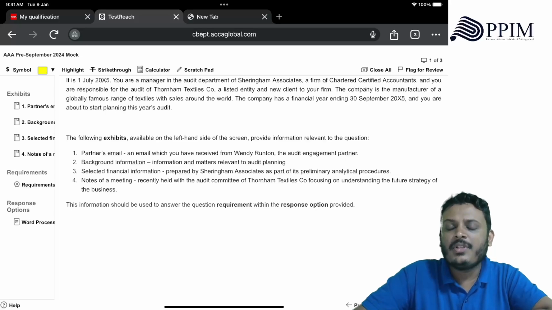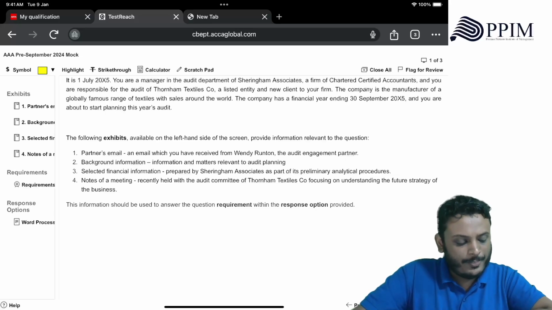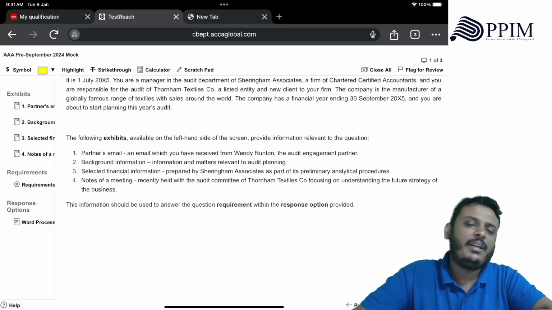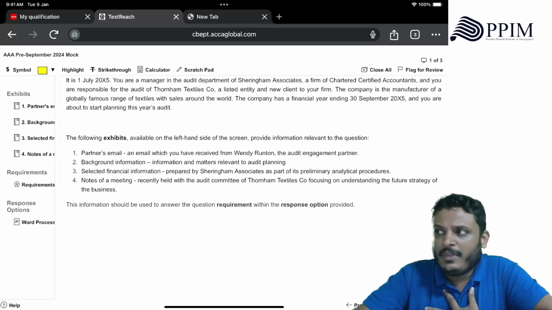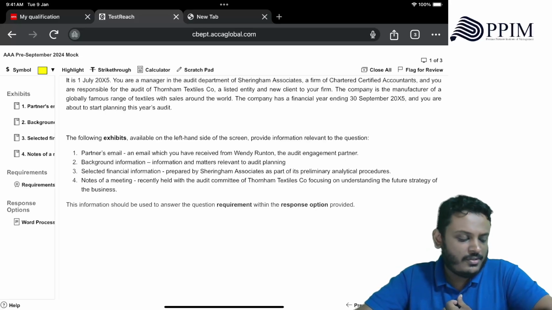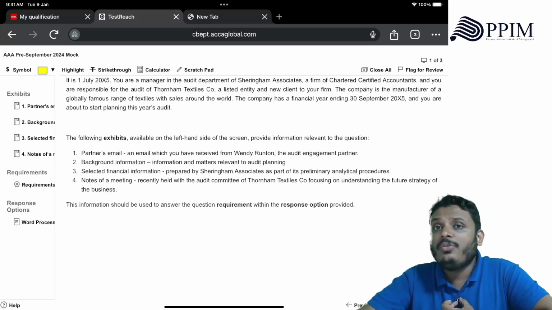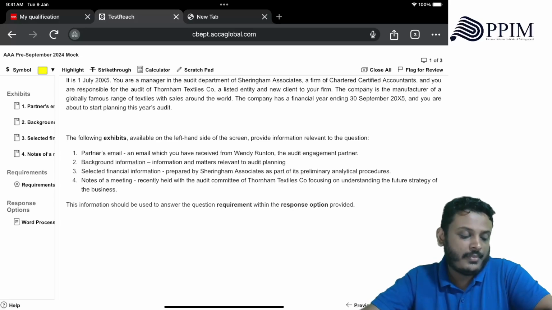But there are a few similarities between internal audit and external audit. For example, internal auditors also do fraud investigation, compliance audit, management audit, and financial audit.